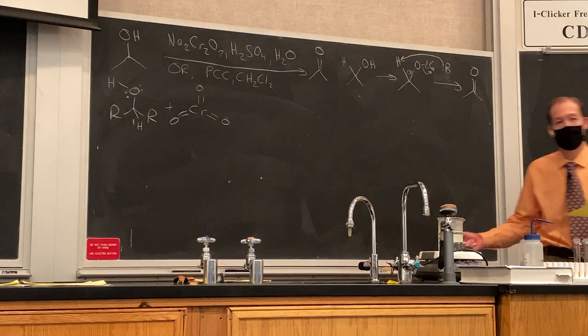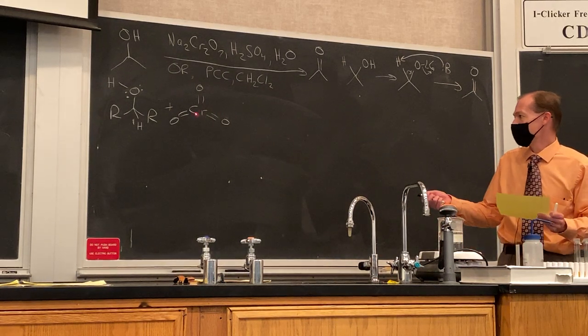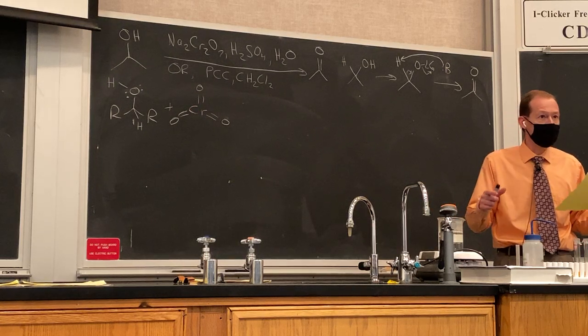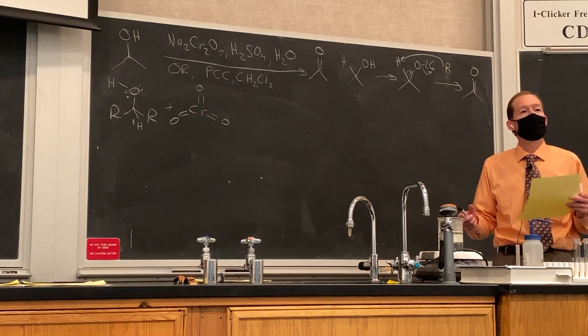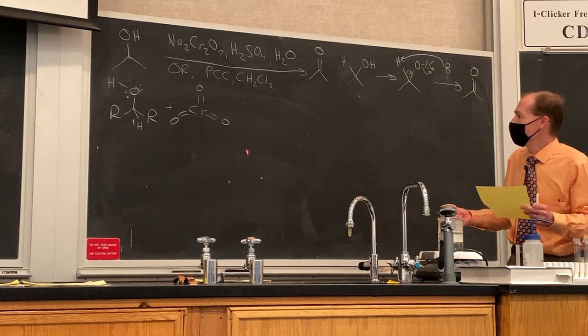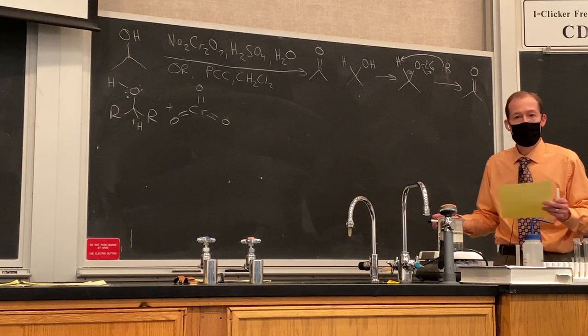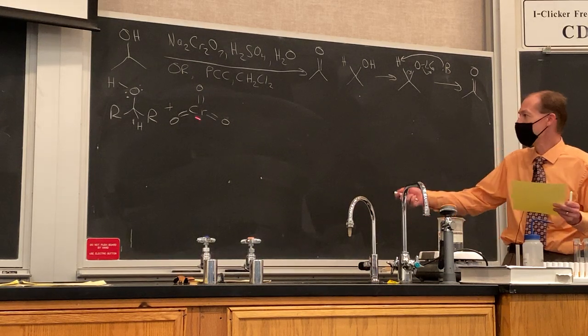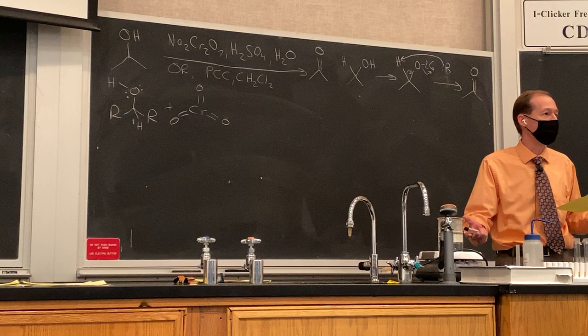So chromium trioxide has a transition metal here, which has a very, very low electronegativity, and it is bonded to more electronegative atoms through 6 bonds. Okay, 6 bonds to more electronegative atoms. That makes this chromium quite electrophilic.